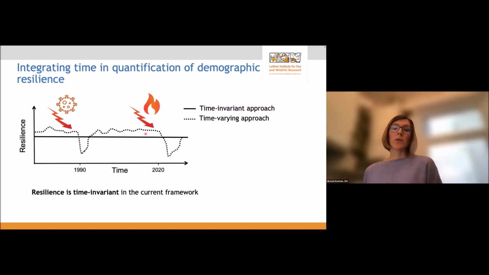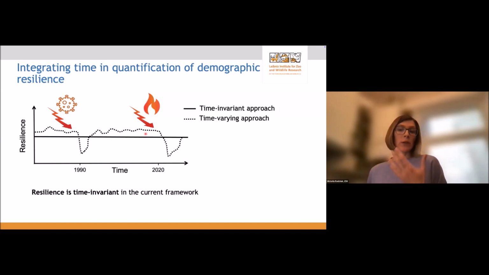To assess such time-varying demographic resilience, we propose to freeze the demographic and environmental conditions at each time step and use them to assess what demographic resilience would be if such conditions had persisted until population recovery. Thus, by increasing the temporal resolution of analysis, we try to phenomenologically unravel the time points at which demographic resilience was especially low or especially high.